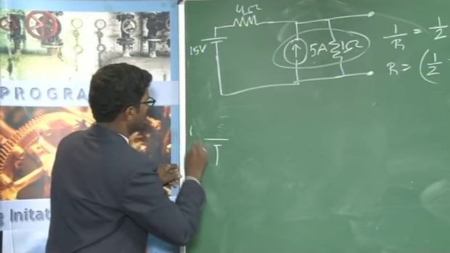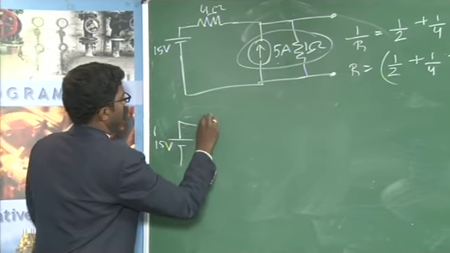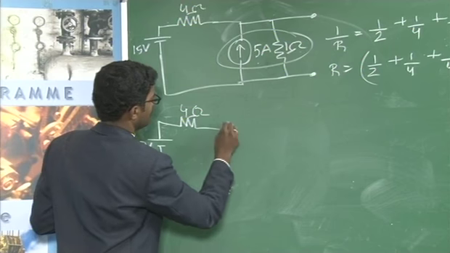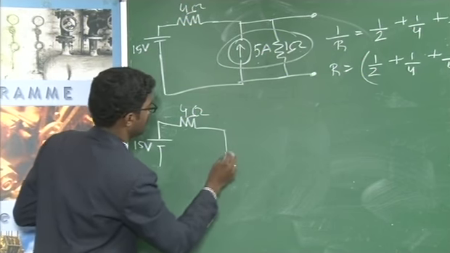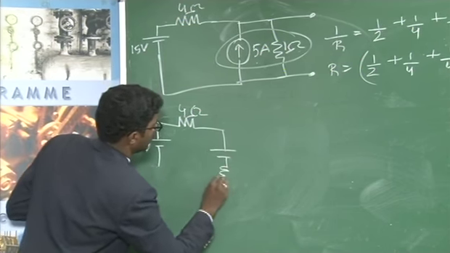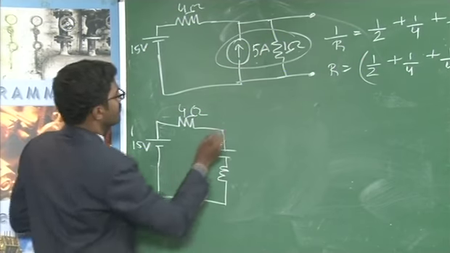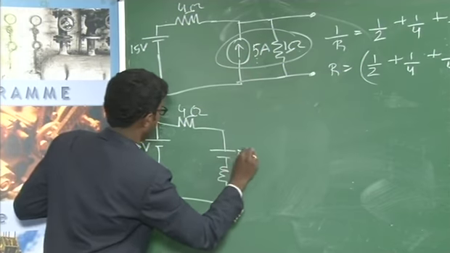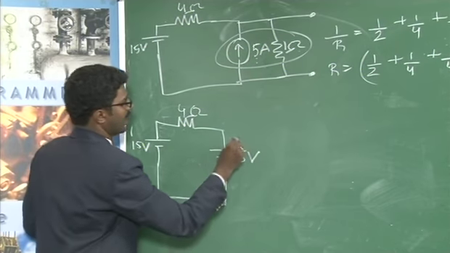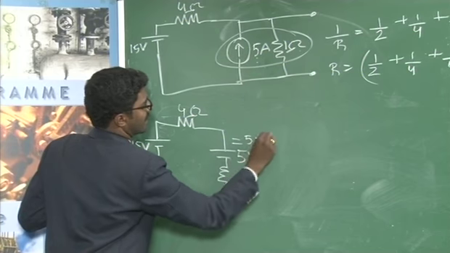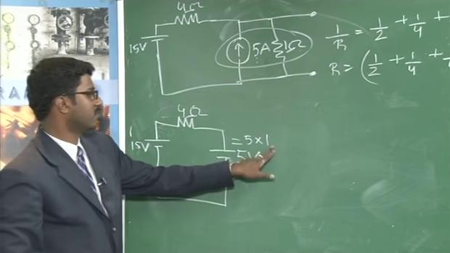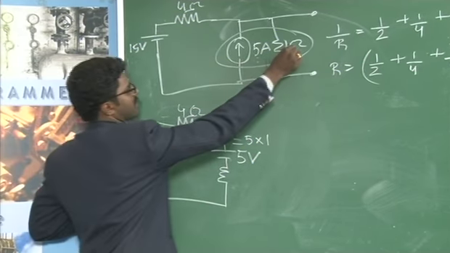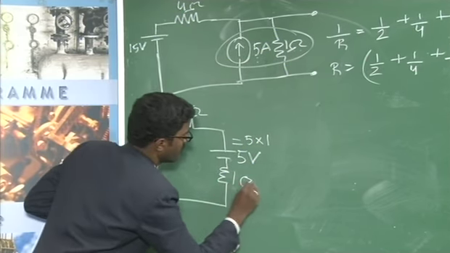Here V is equal to I into R. I is 5 and R is equal to 1, so it will be 5 into 1, equal to a 5 volt source, and the resistance will remain the same, that is your source resistance, which is equal to 1 ohm.